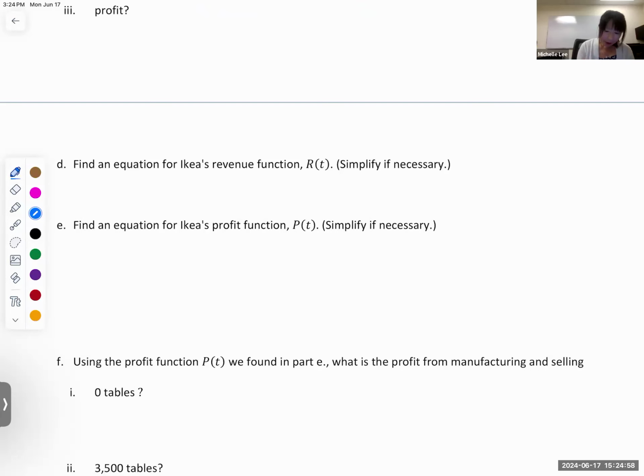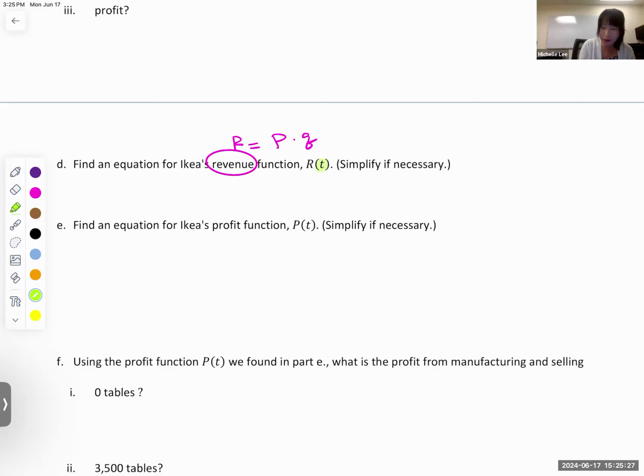So we want to find the equation for revenue function, right? So revenue earlier, we had R equals price times quantity, right? Okay, in that case, they're using in terms of T, which is tables, right?